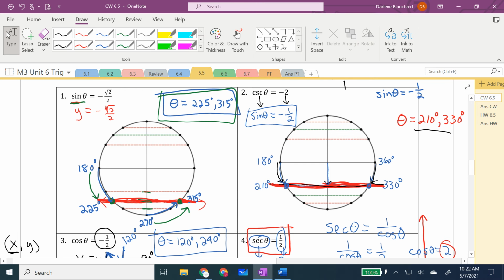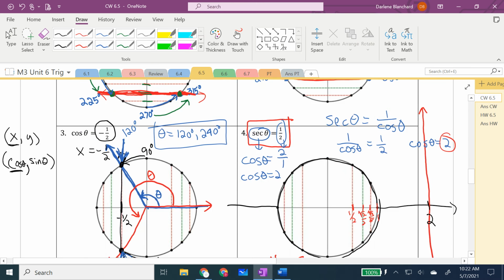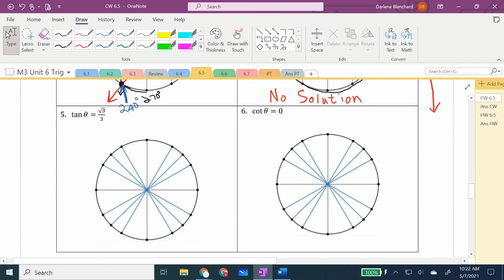However, when it comes to tangent, and I've been telling you with tangent that whatever tangent is equal to, you want to draw a line through the origin that has that number as its slope. Any line that you draw through the origin is going to intersect the unit circle in 2 places.